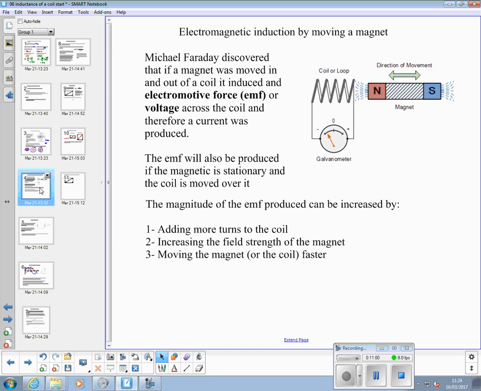That voltage will only be there whilst the magnet is moving. As soon as there's no relative movement or change in that field, the induction stops. Yeah. If we switch the magnet around, then the direction of current will be opposite because we've changed the poles around. Okay?